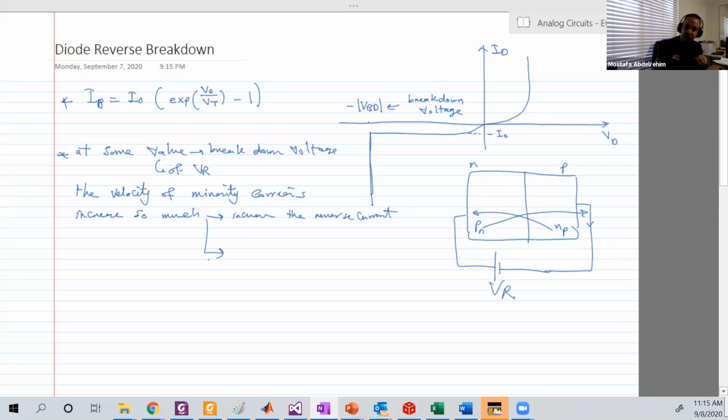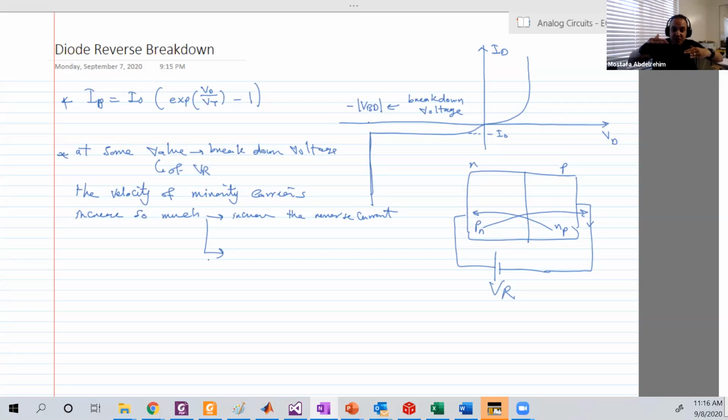But another phenomenon also happens: those carriers that are moving with high velocity now also have momentum, a very high energy. At the breakdown voltage, this energy is enough that if one of those particles, electrons or holes, bombards or hits a silicon atom, it can free another electron.